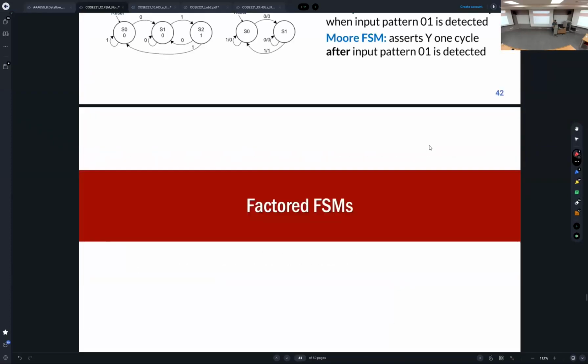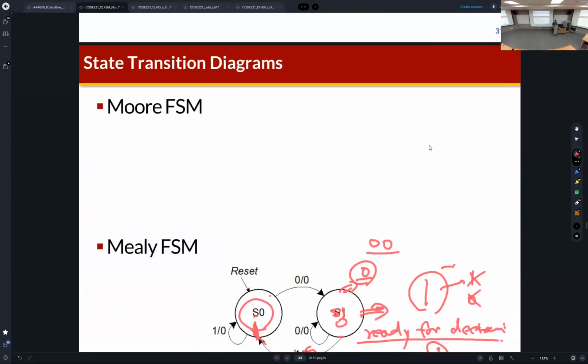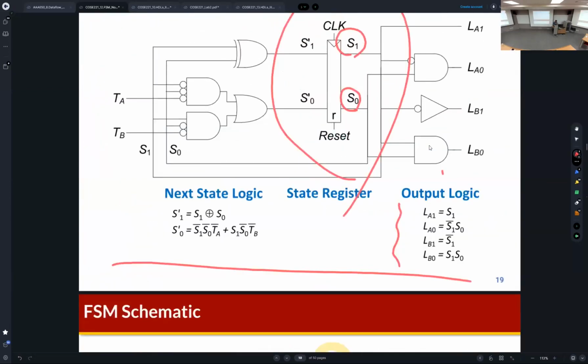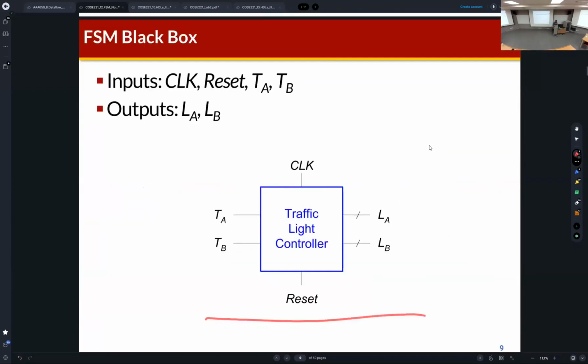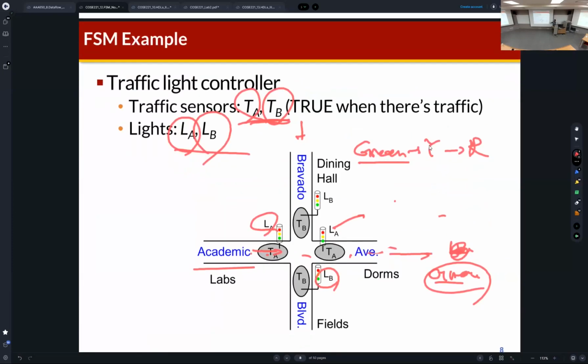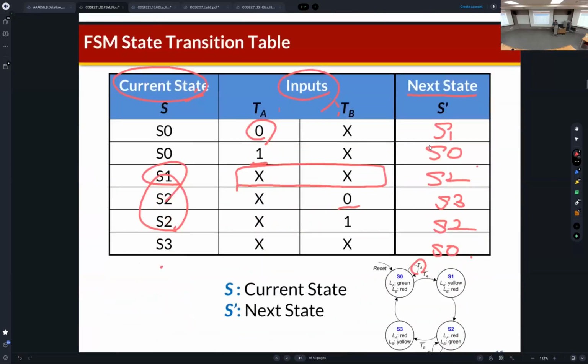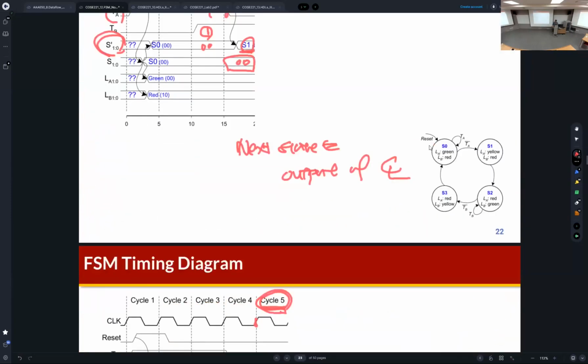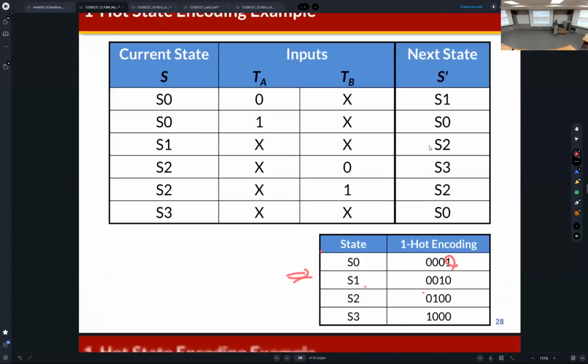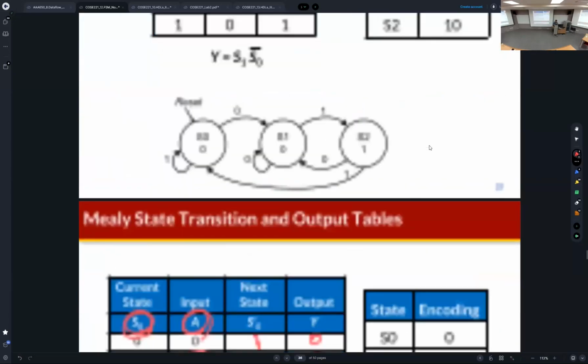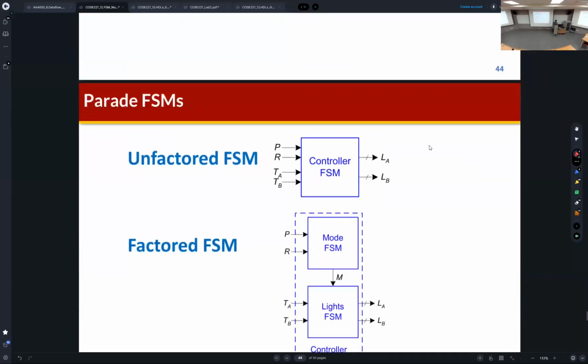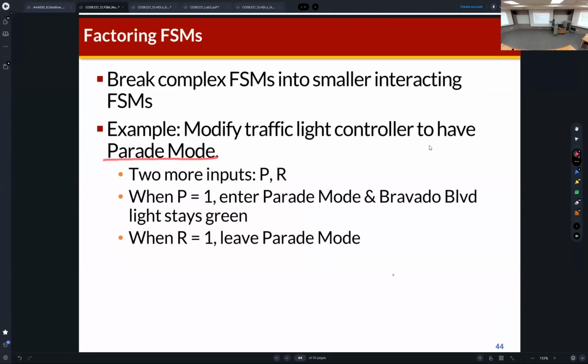Okay, so let's look at this example, the traffic sign example. It has Bravado, Billboard, and Academic Avenue. When the parade mode becomes 1, then regardless of the output of the sensors, the traffic sign of Bravado becomes green.